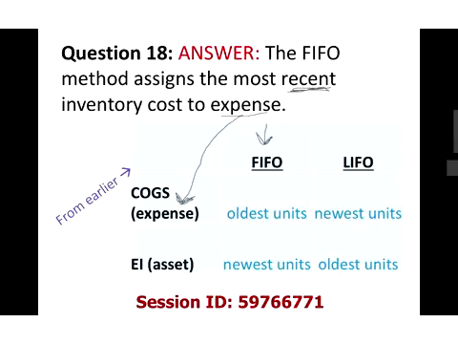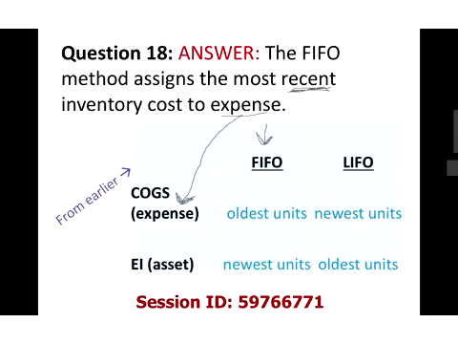So is that true or false? You're looking at the expense row, FIFO column. Is it the most recent or the newest unit? 90% of you are right, so do take a second look to make sure you're not part of the 10% that are wrong.